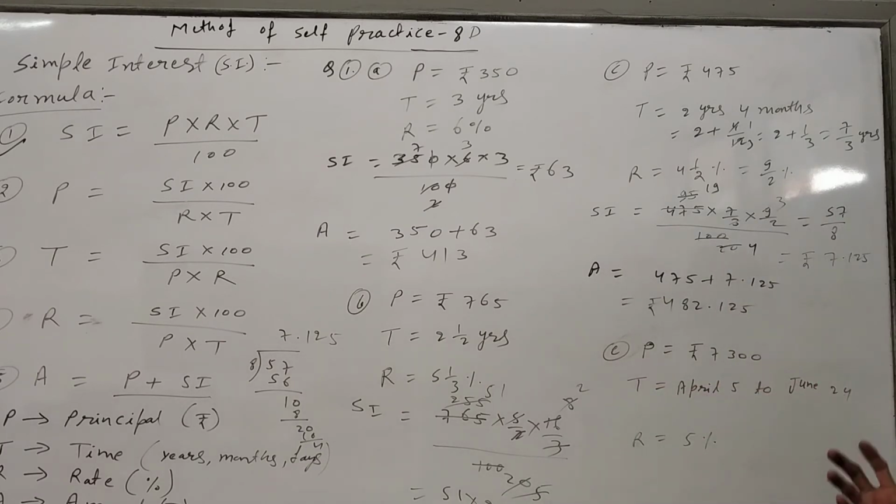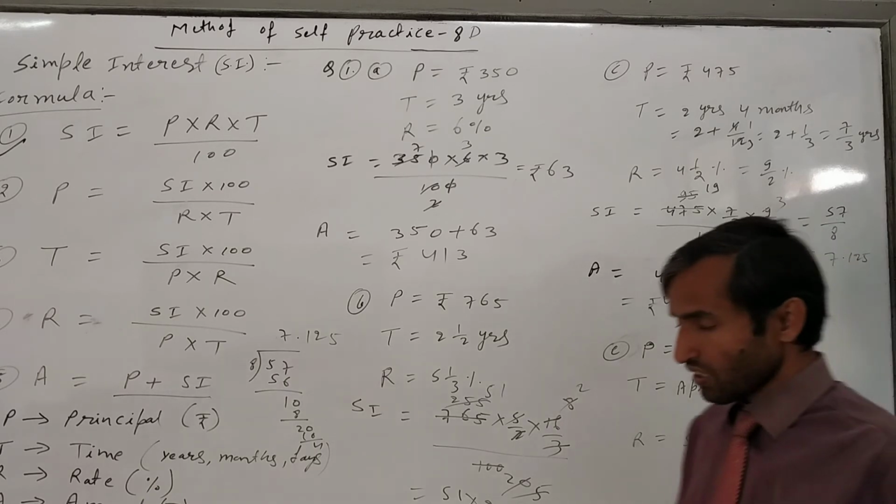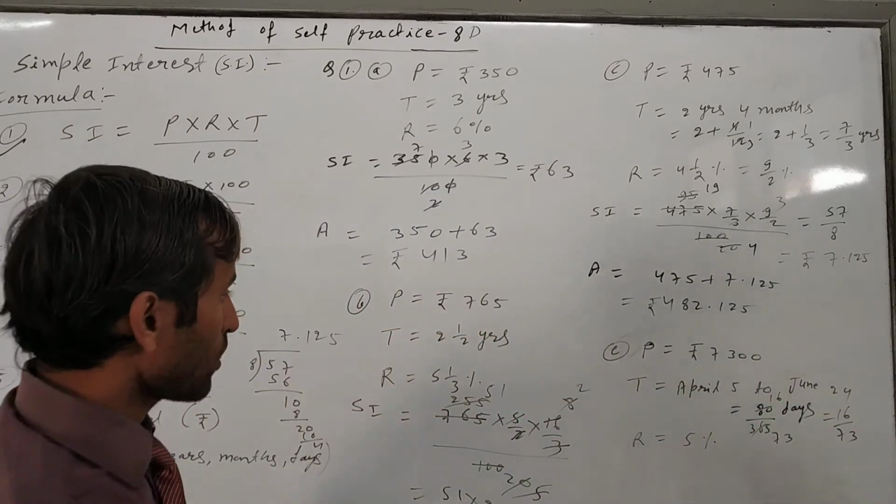If you calculate, you will get 80 days in between this. 80 days. So we have to convert into years. For this we have to divide by 365. Then we will cancel out 65, and it will come 73. 16 upon 73.